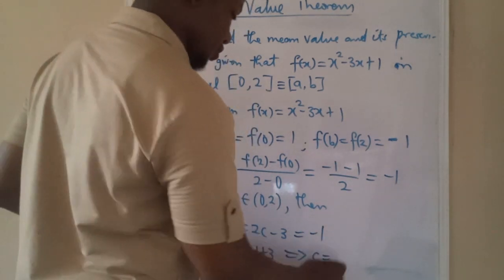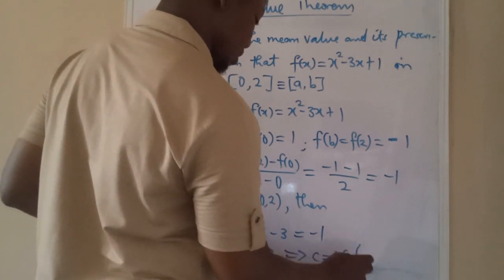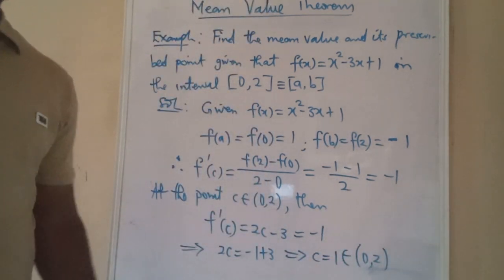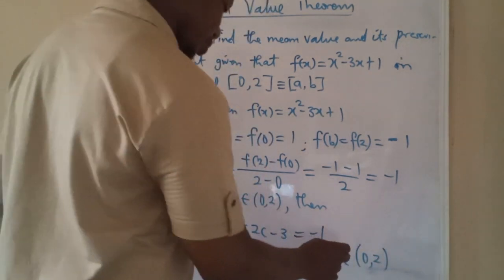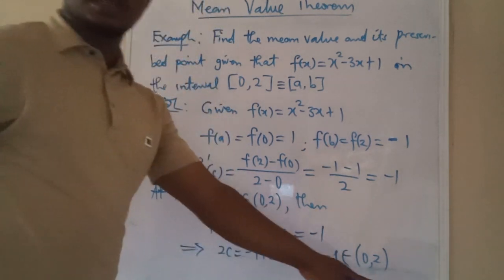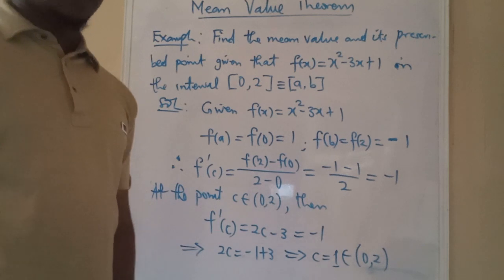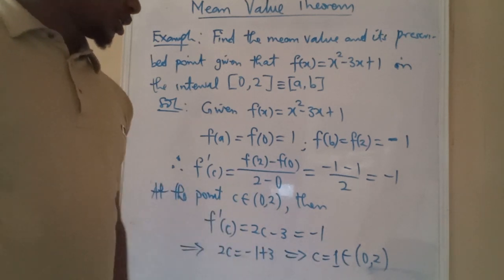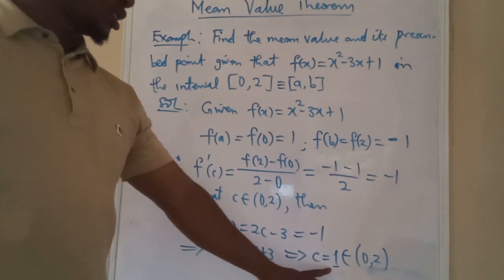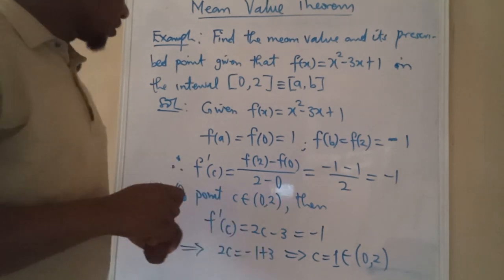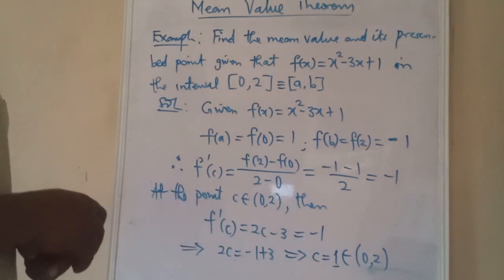And of course, we see that this one is a member of this interval, so the point 1 is a member of this interval. So here we have the mean value to be negative 1, while the prescribed point here is 1. So that is that on the example.